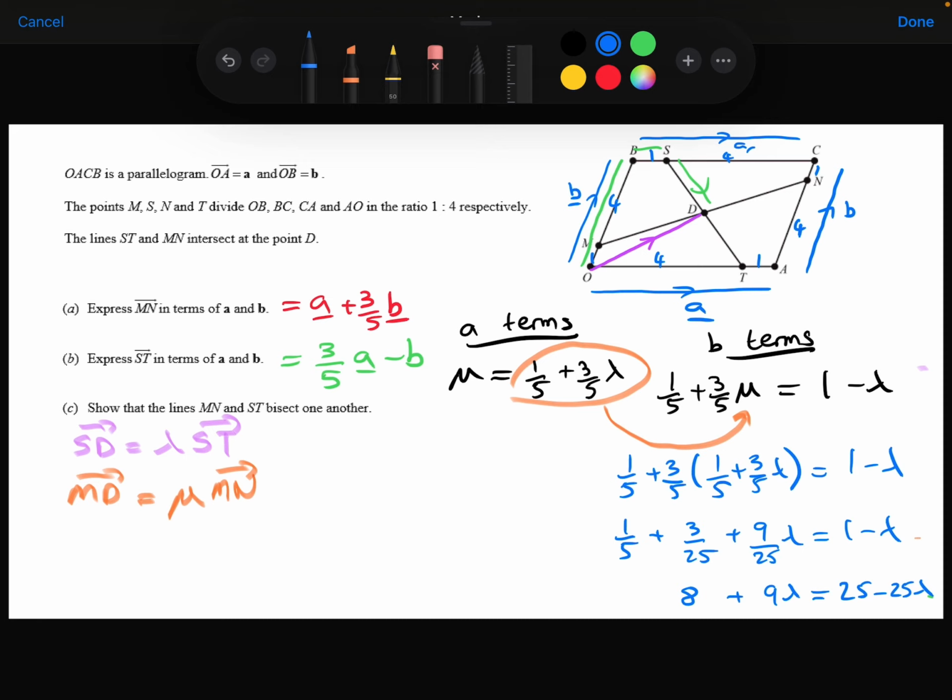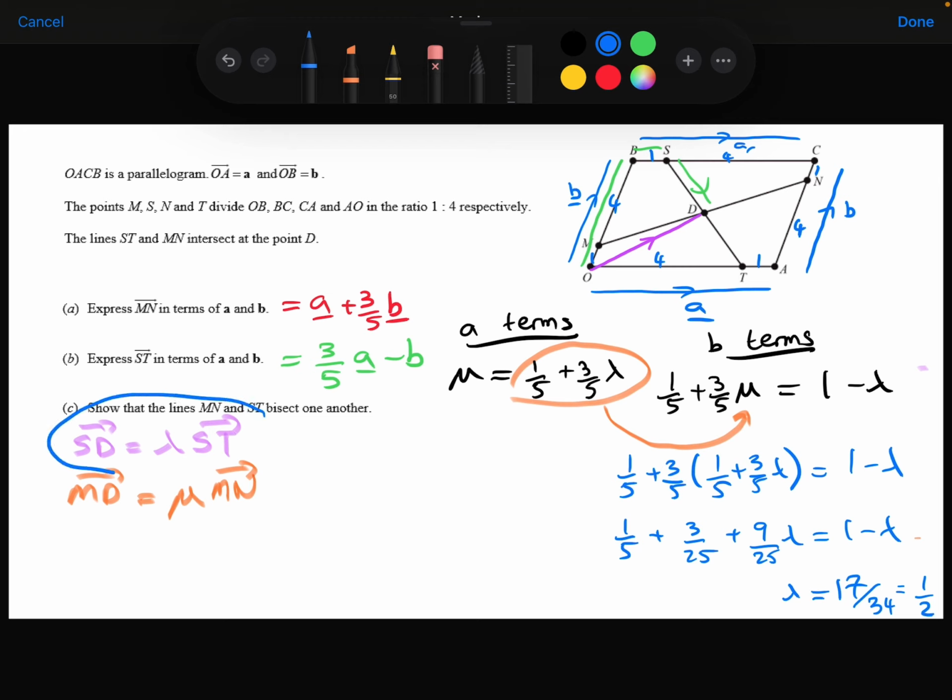If I then subtract the 8 from both sides, the 25 minus the 8 is 17. I'm then going to add the 25 lambda to both sides. The 9 plus 25 lambda is 34 lambda. So 34 lambda equals 17. Divide both sides by 34. 17 divided by 34 is 1/2, which was what I wanted to show.